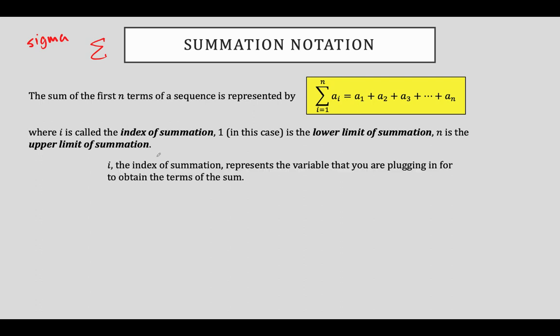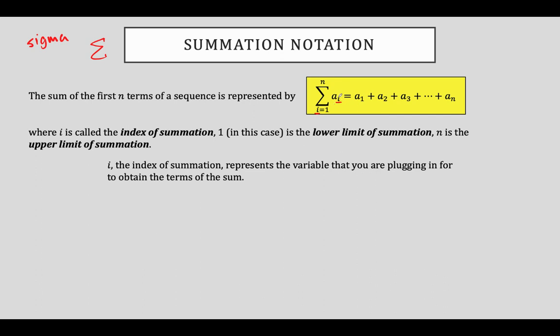So let's talk about i. I, the index of the summation, represents the variable that you are plugging in for to obtain the terms of the sum. Notice whatever variable we have for the index of the summation is the variable that we are plugging in for into our sequence.